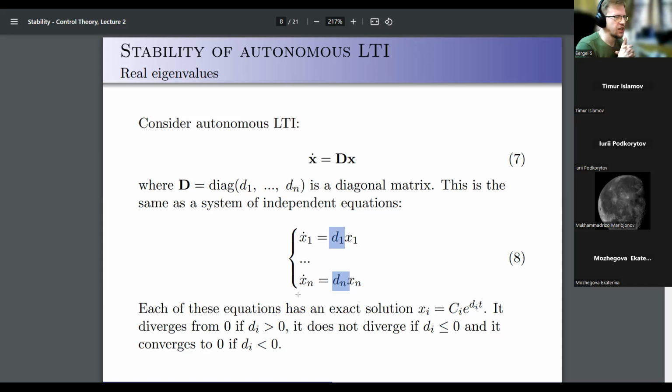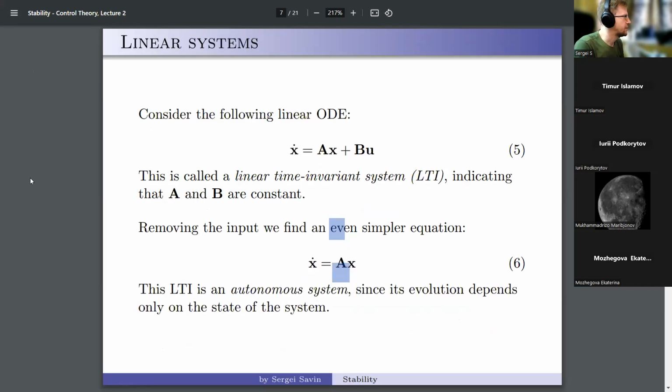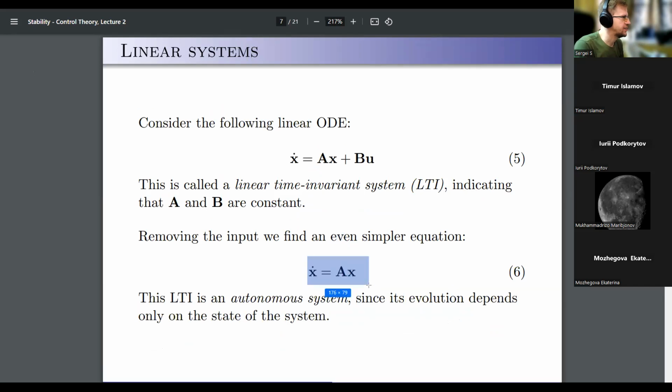Now is as good a time as any to make one observation. In the original definition, we were talking about stability as a property of a solution, x equals x naught. Let's go one slide back and consider what kind of solution this system can have.